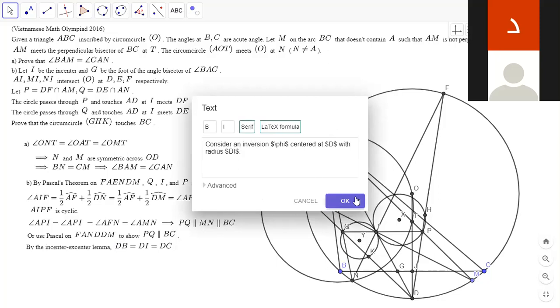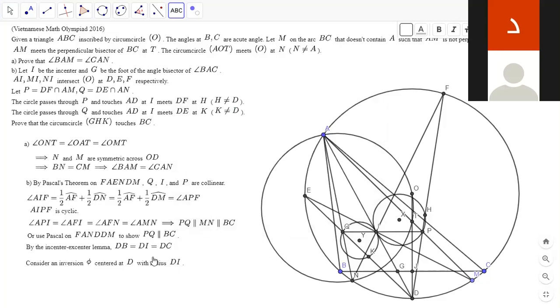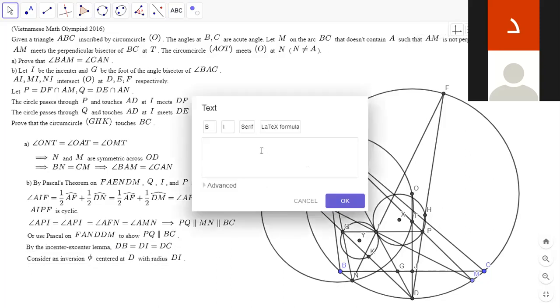So phi fixes B and C, or phi sends BC to the circle BAC.